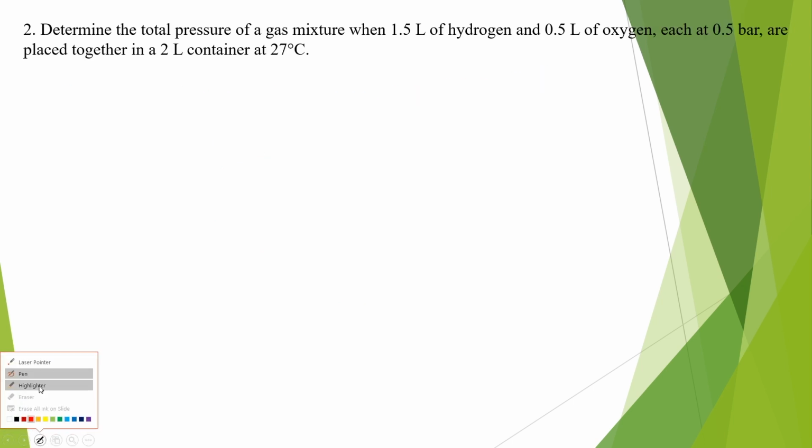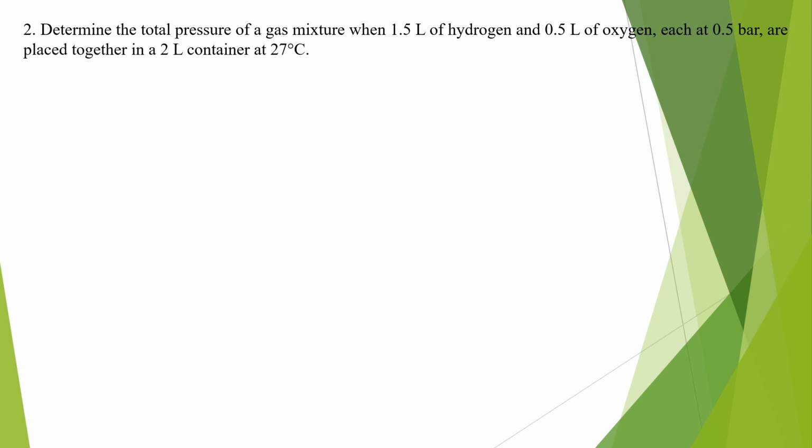So, the next problem is determine the total pressure of a gas mixture when 1.5 liter hydrogen and 0.5 liter oxygen each at 0.5 bar are placed together in a 2 liter container at 27 degrees Celsius.